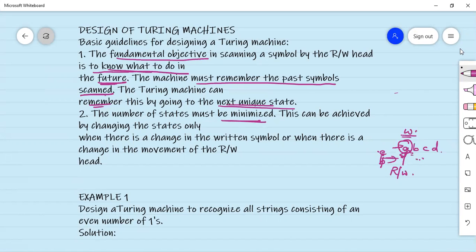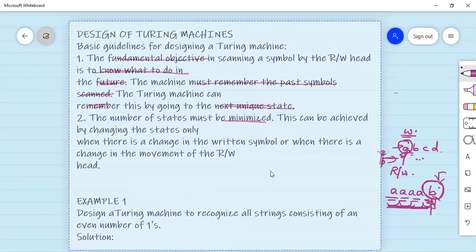If the only action we are going to do is moving towards the right till I come to B, and I'll do something else when I come to B, then for all these four symbols I'm just moving towards the right, so do not change the state. Change the state when you come to some other place and perform a unique action. I hope this is clear for you.